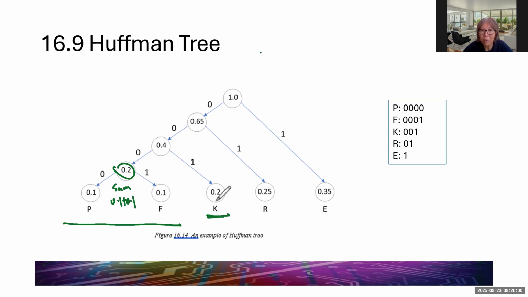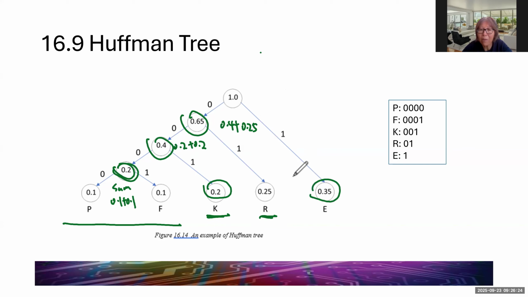And then you come to K. Here it's 0.2 plus 0.2, you get 0.5. Then come to R. Here you have 0.4 plus that 0.25, so we get 0.65.